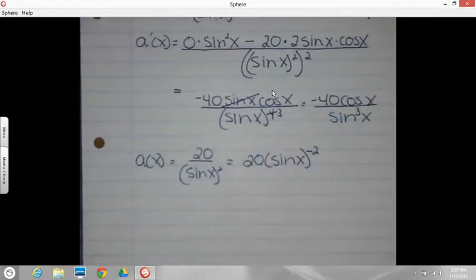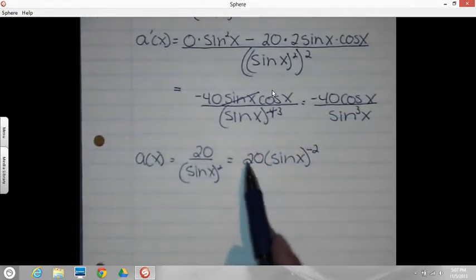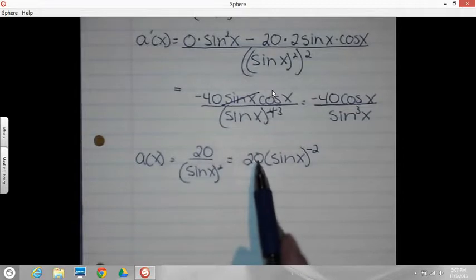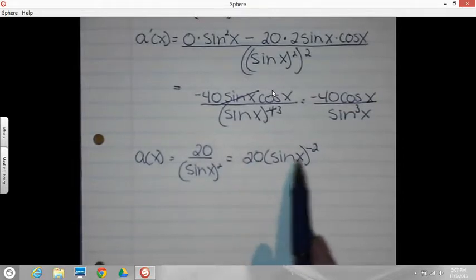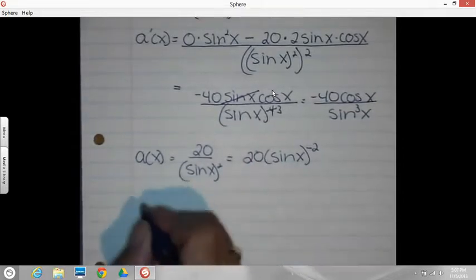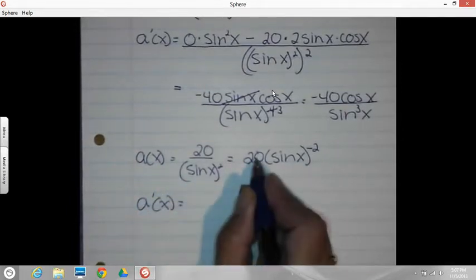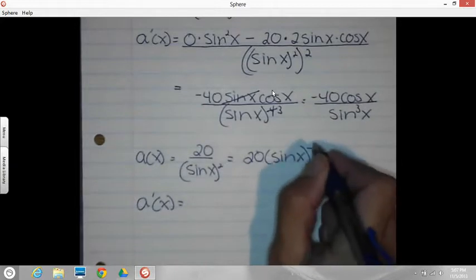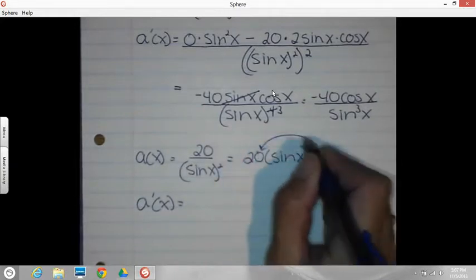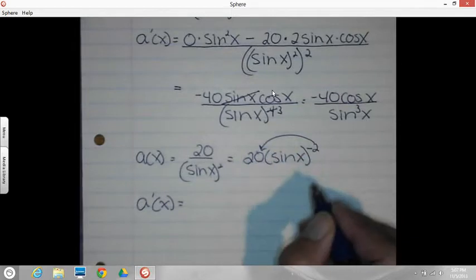At this point, you could do a product rule and think of that as your x term, or I just like to think of it as a multiplier that's going to carry along times this derivative. So I'm just going to carry the 20, let's start my chain rule. The negative 2 is going to come down and get multiplied by the 20 that's there and give me negative 40.